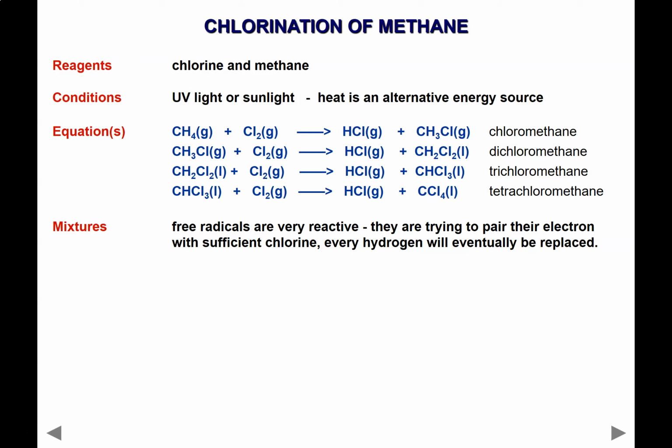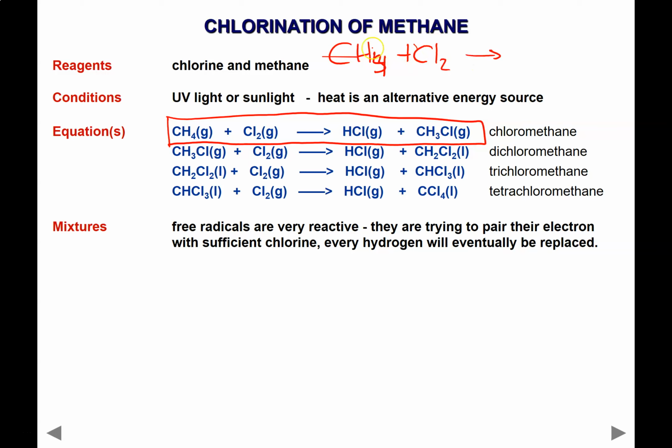Now we come on to the chlorination of methane. So you need UV light or sunlight, and heat can be used as an alternative energy source, but UV light is the most effective. We're going to focus mainly on the first one, which is the monochlorination of methane. So you have CH4 plus Cl2.